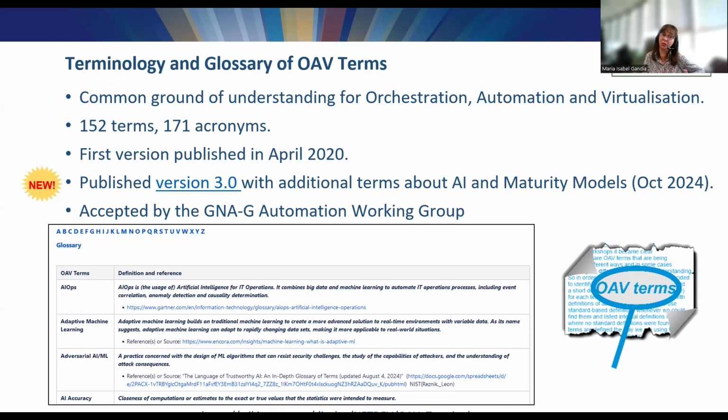It's also documentation that has been accepted by the GNAG Automation Working Group, so it goes beyond Europe. It goes to all the world, let's say, because we all think that terminology is something that we need to agree on. We are working on terminology, and new versions of the document will probably come later.